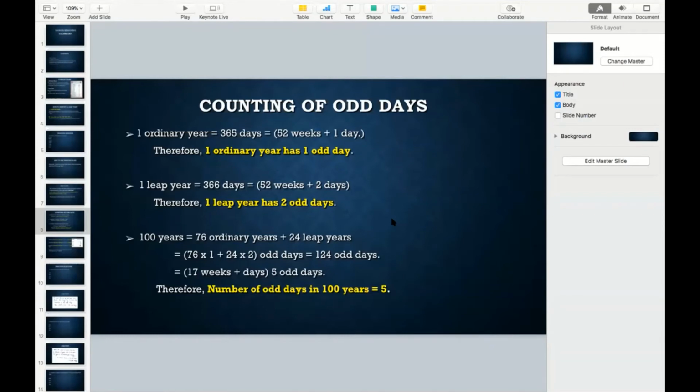As I told you in the last slide, the number of odd days will always lie between 0 and 6. Since 124 is greater than 7, we divide 124 by 7. When you divide 124 by 7, you get a remainder of 4.